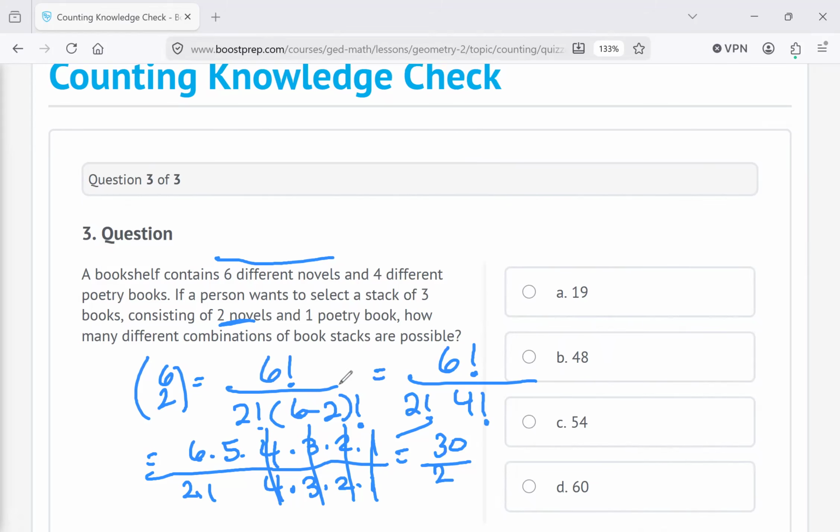Yeah, I think I messed up. On the top, I think it's 120. Like I canceled something out. And then on the bottom it's still 2. So what's 120 divided by 2? 60. So there would be 60 different ways.